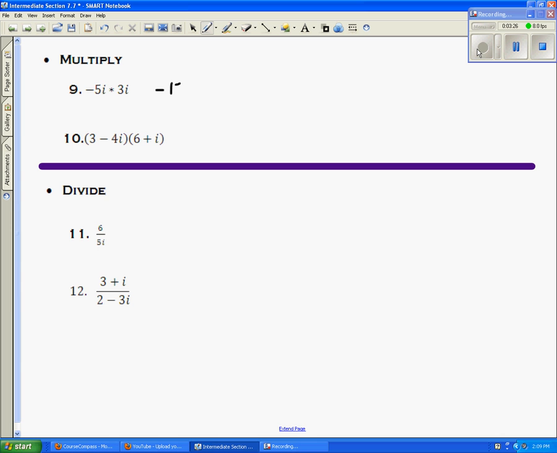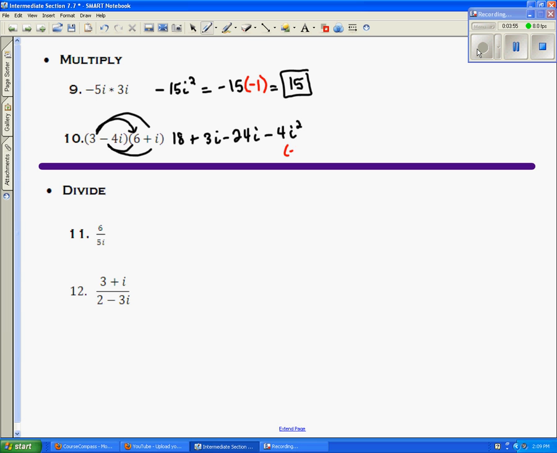Next, we're multiplying. You're going to get -15i squared, but we said i squared equals -1. So now when we multiply, we're going to get a +15. Over here, we're going to FOIL. 6 times 3 is 18, plus 3i minus 24i minus 4i squared.